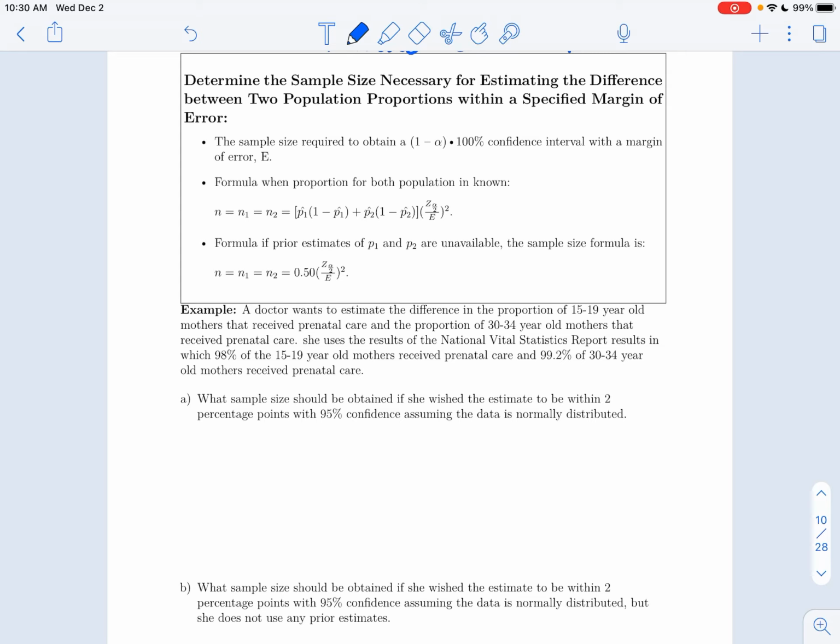Formula if prior estimates of P1 and P2 are not available: the sample size formula is N equals N1 equals N2, which is 0.5. Okay.